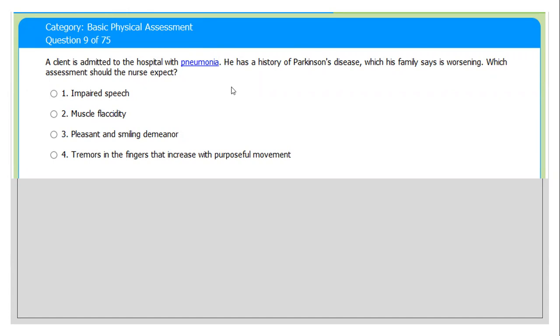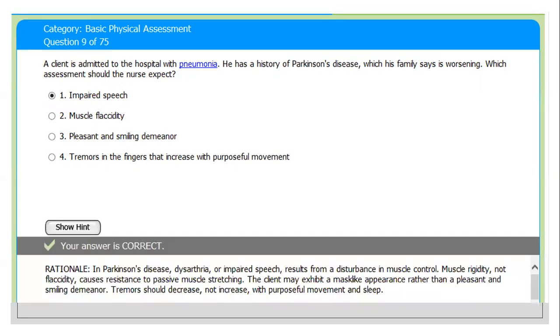So the patient has Parkinson and also pneumonia. The options are impaired speech, muscle flaccidity, a pleasant demeanor, or tremor in the fingers that increases with purposeful movement. The answer is impaired speech.